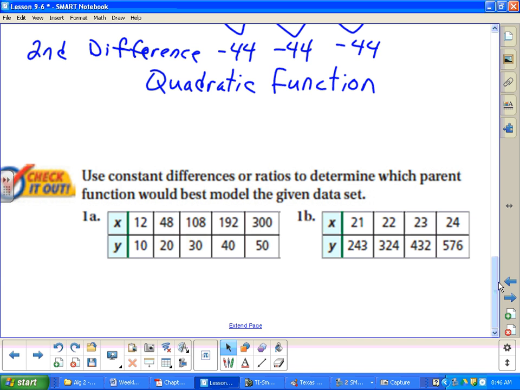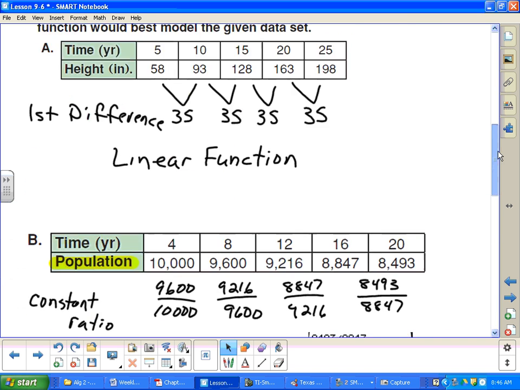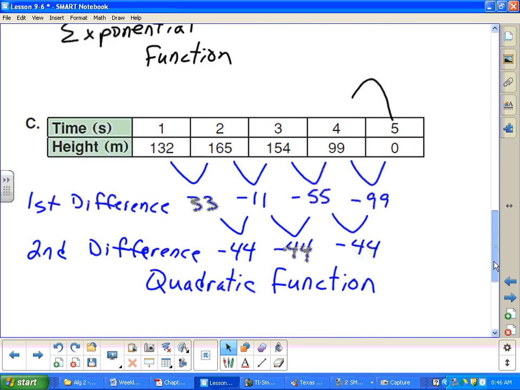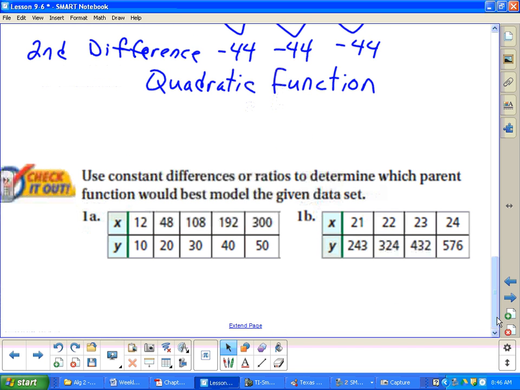So in this case, it says the square root has constant second differences between the x values even for evenly spaced y values. So in this case, the y values are evenly spaced. I would want to check the second differences with the x values then instead to see if it was a square root, okay? Which this one does end up being a square root.